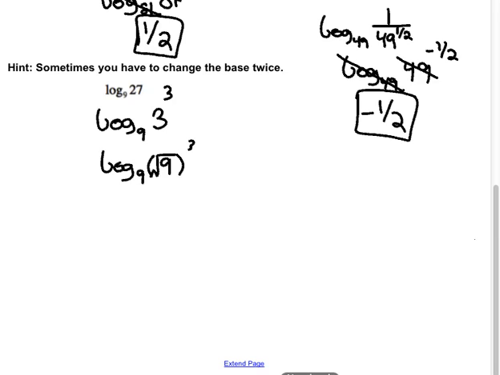So here we have to change the base twice. We're going to change it to a 3, then change it to the 9. That's how they're connected.